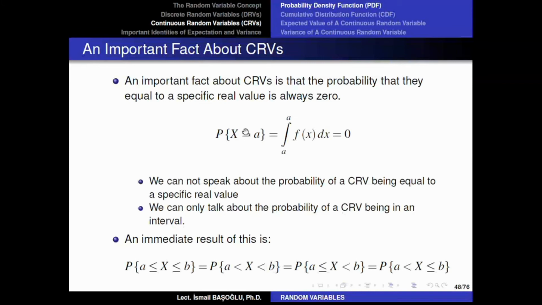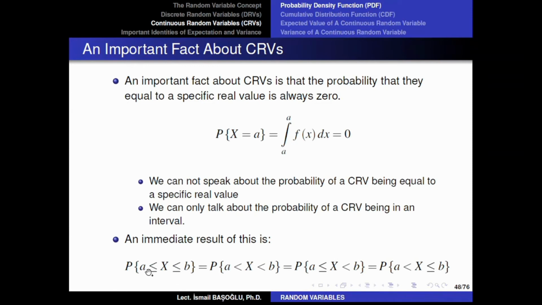And because equalities do not have any specific probability, they have 0 probability, the probability of x being between A and B, where A and B are included, and the probability of x being between A and B, where A and B are not included, are exactly the same.